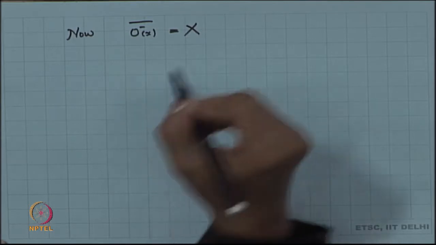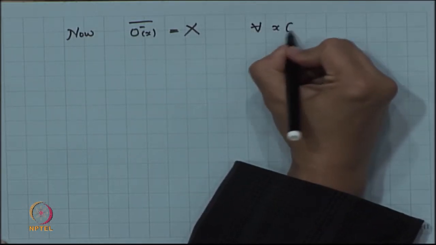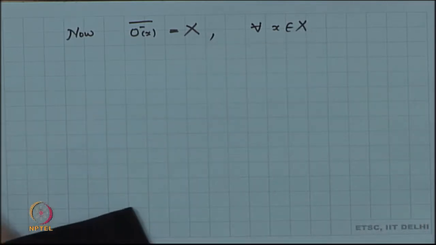Supposing this property holds: the backward orbit is dense in X for every x in X. What happens in this case?